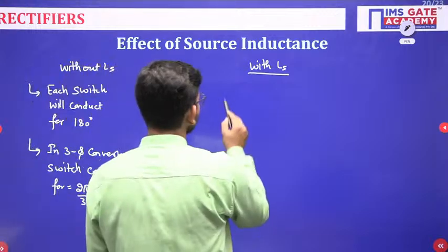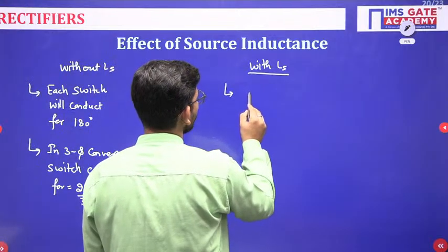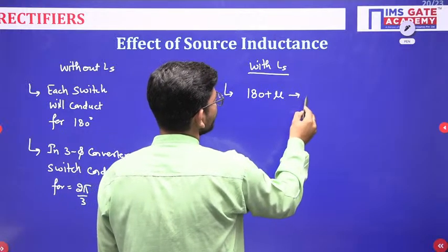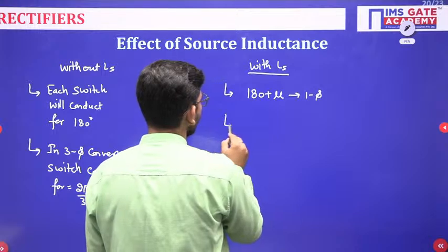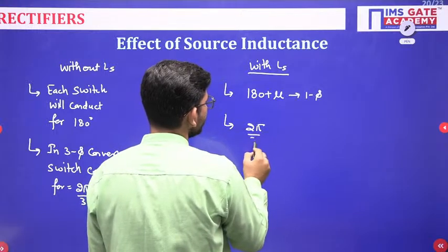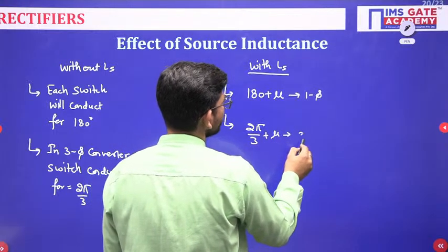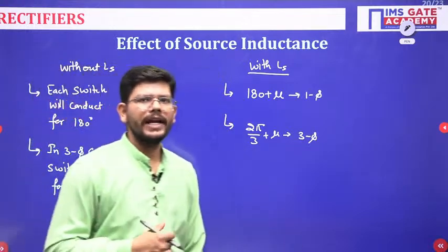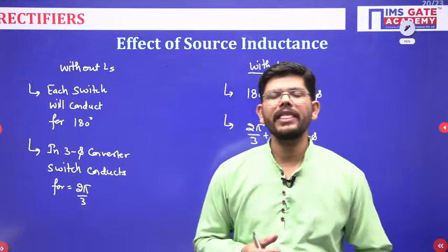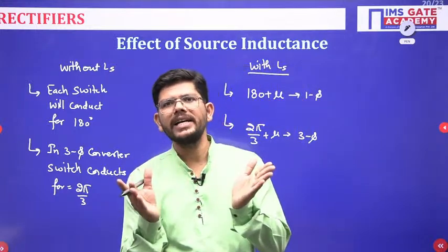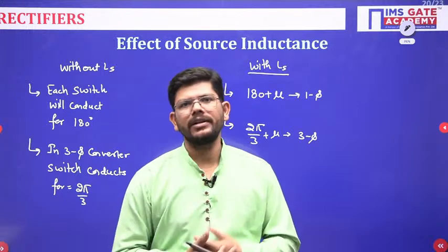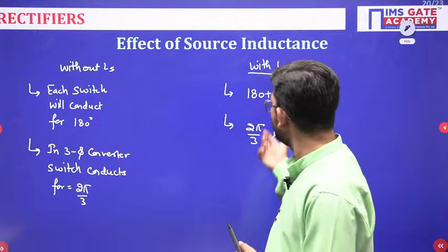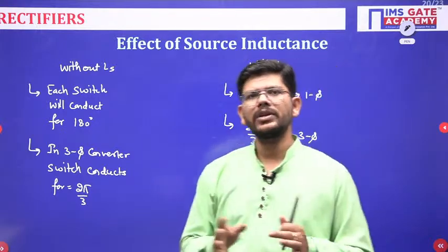But with Ls, this duration will be 180 plus mu in single phase, and it will be 2 pi by 3 plus mu in 3 phase. So if you are encountering the effect of Ls, there will be an extra mu duration added in the conduction period. This is what I am trying to say.